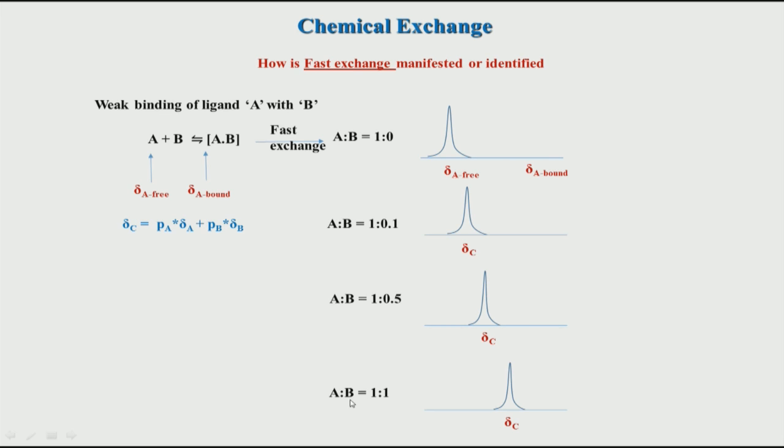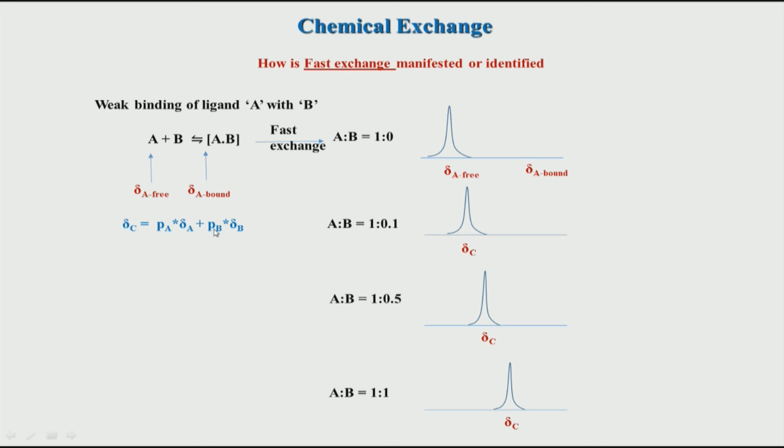Only when I go to, let us say, B is 10 times A or 5 to 10 times A, then in that scenario the population of the complex will be very high compared to the free form, and then the peaks will be completely shifted to the B form, because the population of A will be very less, not 0, but less compared to the B.